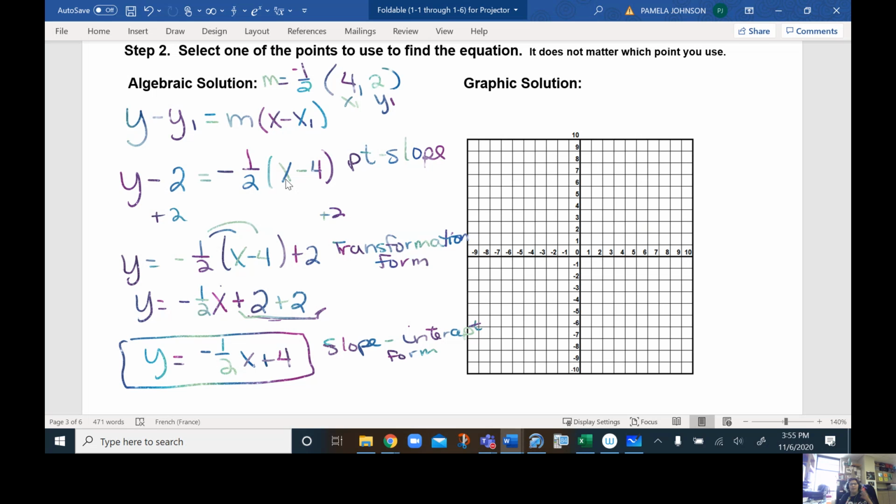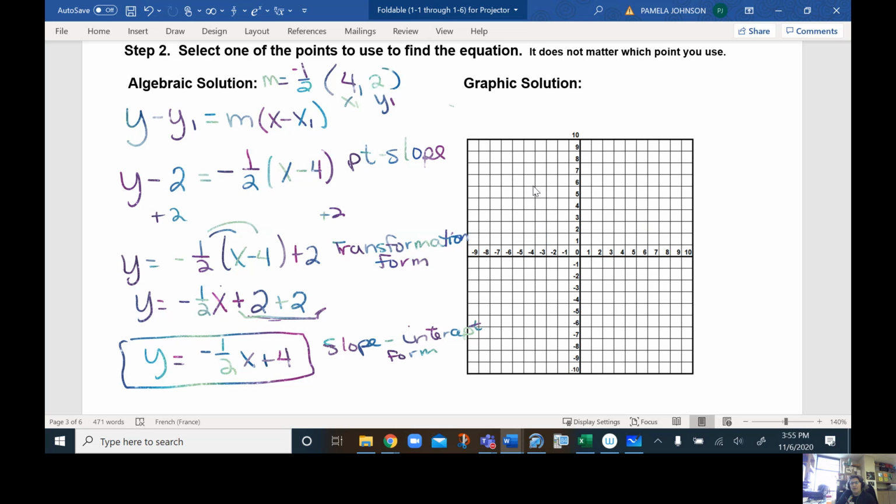It still would have simplified down to give us the y equals -1/2 x plus 4. It does not matter which point you use on the line. When you put it into point slope form and you simplify it to slope intercept, you will end up with the same equation.